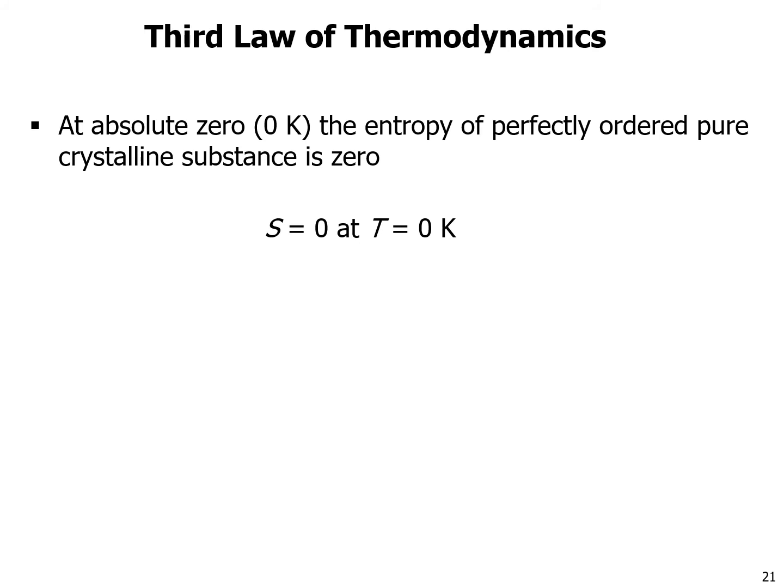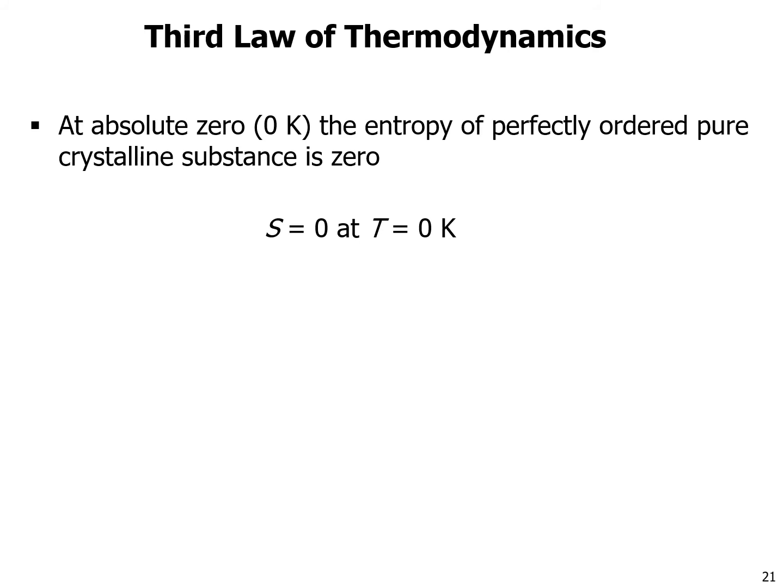This temperature 0 Kelvin is the lowest temperature that's possible, meaning that at this particular temperature, any substance is going to be perfectly ordered. So the best order that is possible is going to be possible at this temperature, which means that there is not going to be any disorderness. So the value of microstate, which is W, is going to be 0, meaning our entropy is going to be 0. Okay, that's the third law of thermodynamics.